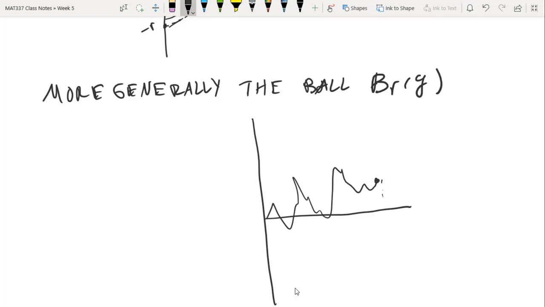It's very complicated. Then you look at the shifted g.